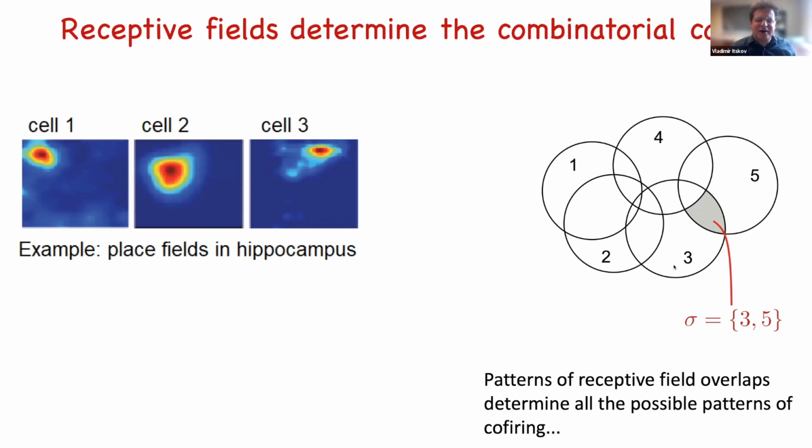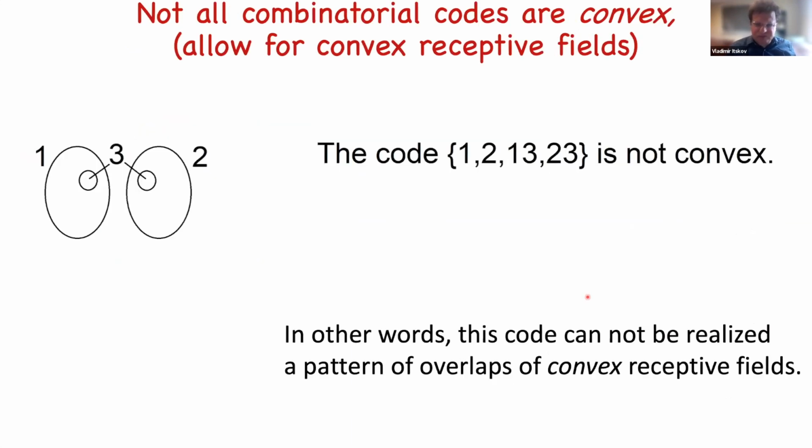And now, the first observation is that actually not every combinatorial code allows a representation by convex receptive fields. So this is perhaps the simplest possible example of this happening. Here, the code is literally just neuron 1 fires alone, neuron 2 fires alone, and neurons 1 and 3 fire together, neurons 2 and 3 fire together.